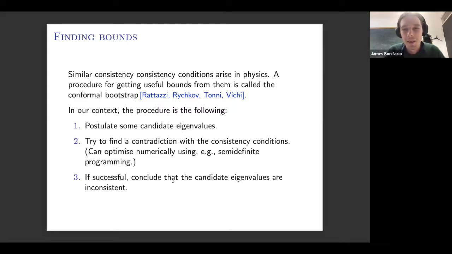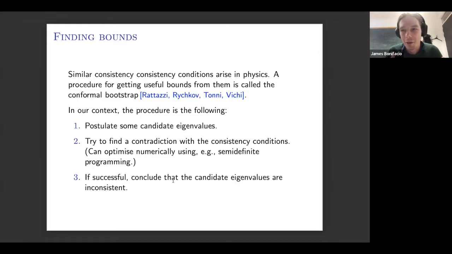So you're thinking of these consistency conditions as being like an oracle to which you can pose questions of the form, is this spectrum of eigenvalues consistent? And the oracle can either say, no, it's not, because they're inconsistent with the consistency conditions, or I don't know.